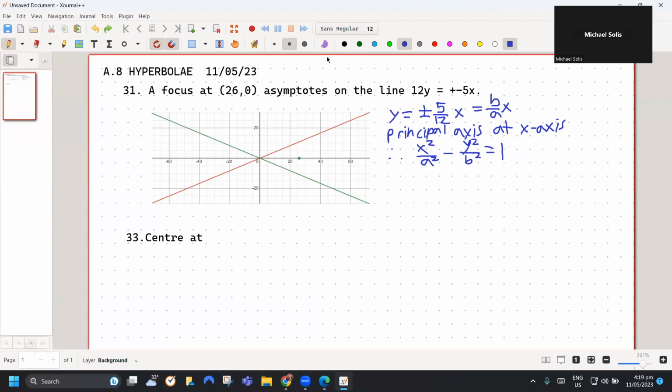So C is equal to 13. And again, so we know, so write down one equation. B over A is equal to 5 over 12. And then yung second equation ay yung relationship ng, di ba yung C is 26.